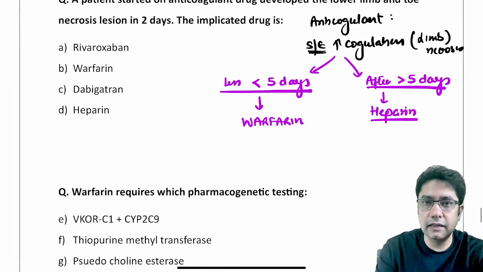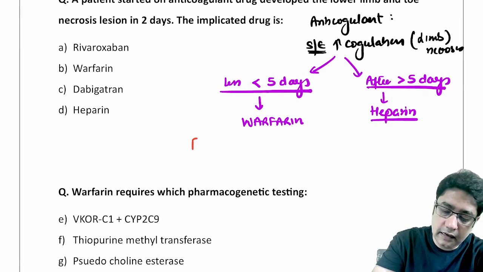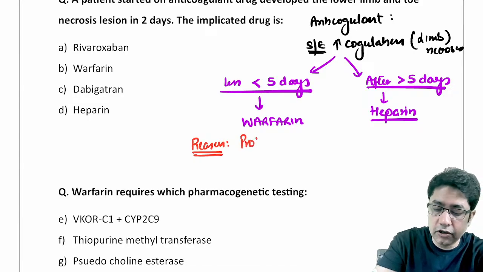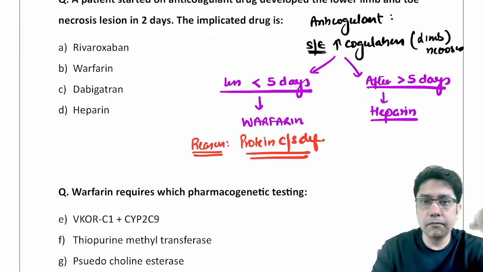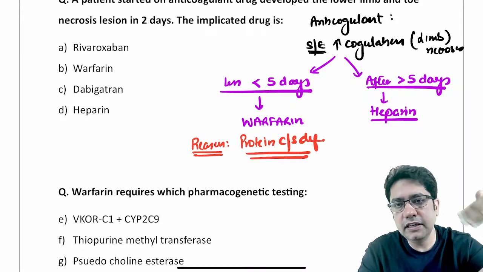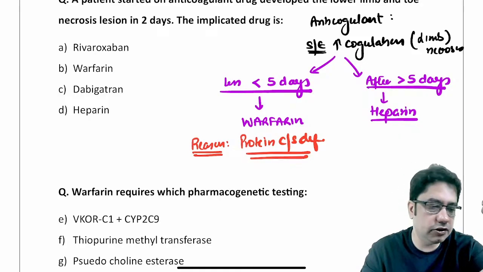Let's see the reason for it. In the initial 5 days, why does warfarin increase coagulation? Because it causes protein C and S deficiency. Protein C and S are anti-clotting factors. And if their deficiency happens with warfarin, it will increase coagulation.